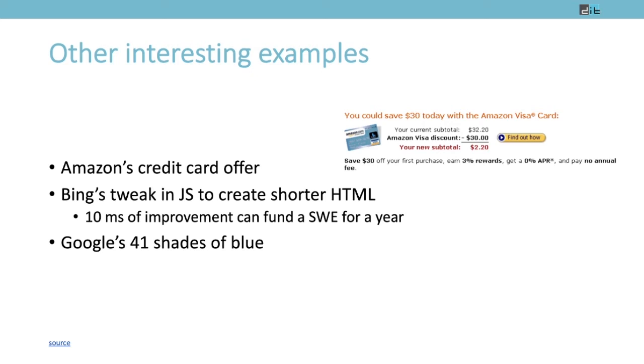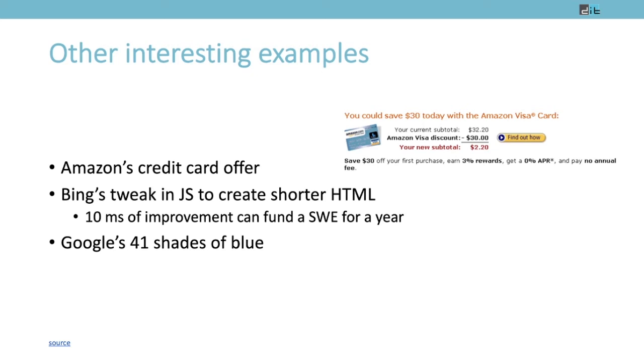But then someone came up with the idea of showing the credit card right before checking out, where you can see some savings because you're getting some discount. And they A/B tested that, and they saw a tremendous conversion lift, in the sense that way more people would apply for the card at that point versus showing it randomly at the beginning of the funnel.